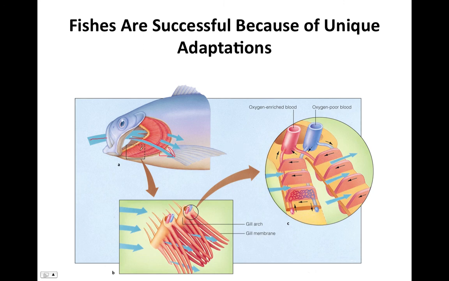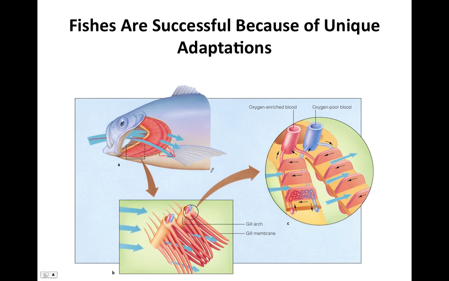If you zoom in on this gill arch, you'll see there are two blood vessels, an artery and a vein. An artery is taking blood from the heart, and the vein is taking blood to the heart.